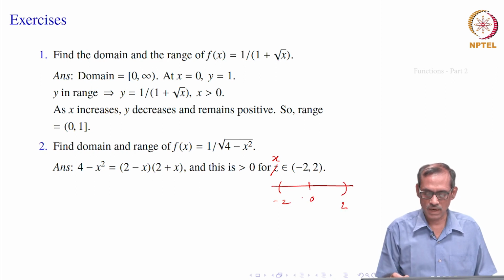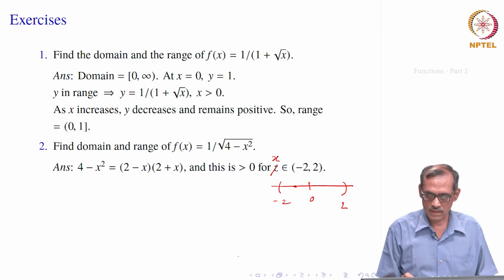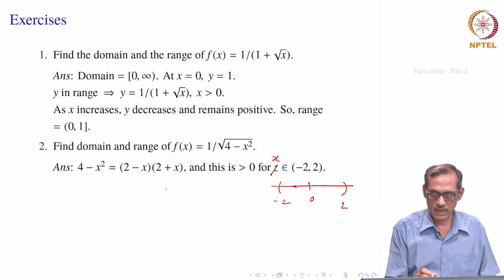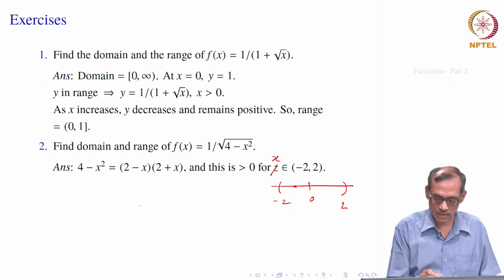Minus 2 and 2 is our open interval. If x is anywhere here, then 2 − x is positive, and 2 + x is also positive. So, this is bigger than 0. It is really helpful to write in this form.